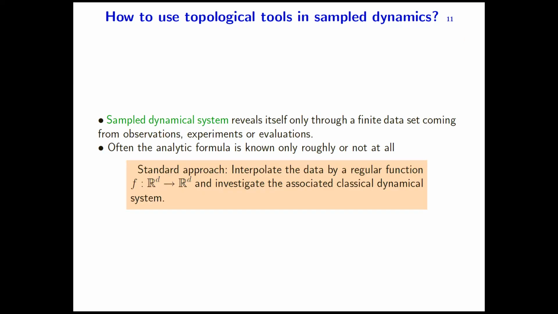And the standard approach nowadays is to interpolate the data we have from the sample dynamical system by a regular function, and then instead investigate the associated classical dynamical system given by this function, because after interpolation, you already have a complete formula and you can do all this numerics and so on.